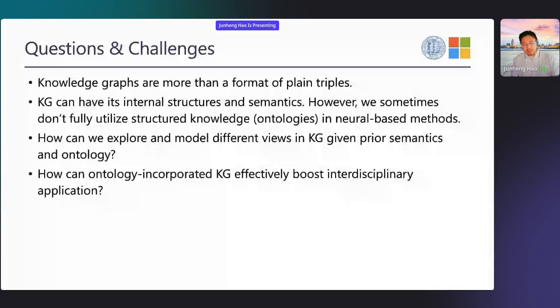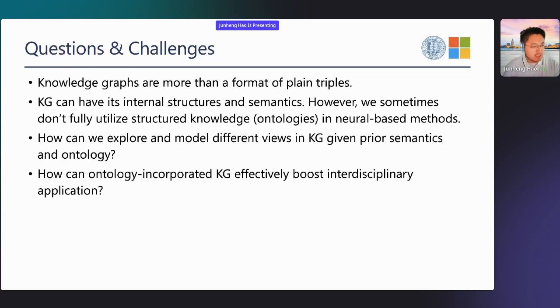We still want to keep the neural-based methods, such as knowledge graph embeddings, from the knowledge embedding communities, but also try to incorporate more of the rich semantic structures, such as taxonomies and ontologies, into the learning procedure. And that can better help in understanding the data and better representing the data.